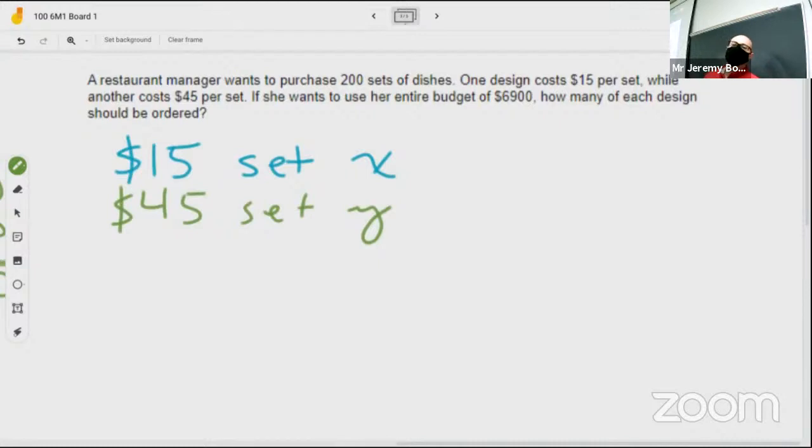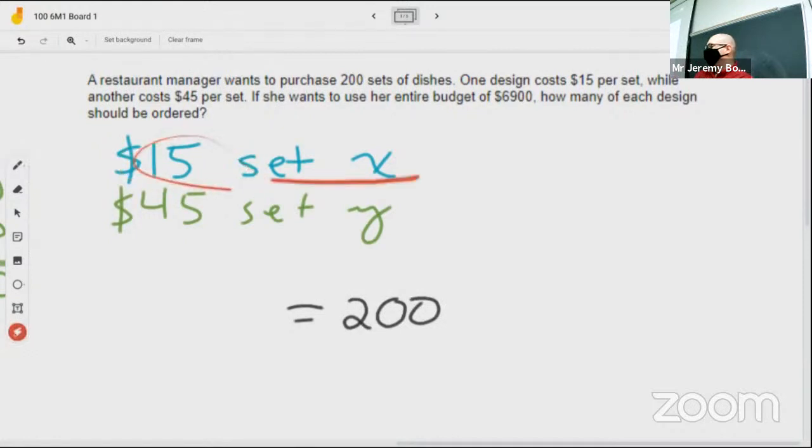How many total dishes does she want? 200. So what should equal 200? Well, that's the price, right? It's $15 per how many I buy, and $45 per how many I buy.